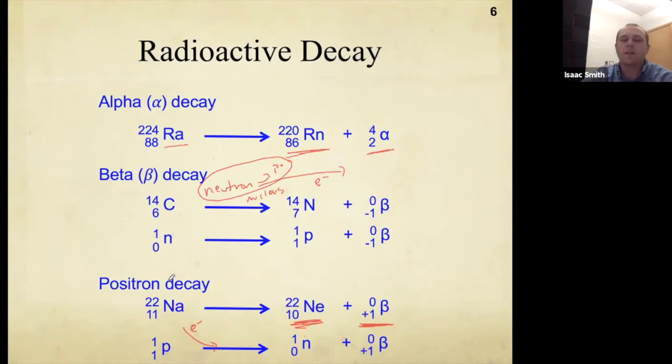Okay, and then if something undergoes gamma decay, I don't have it on here because it's pretty simple. Nothing changes, right? Because gamma decay doesn't have mass and it doesn't have a change in the number of protons. So I guess just to show an example of gamma decay, I think it looks kind of like that.